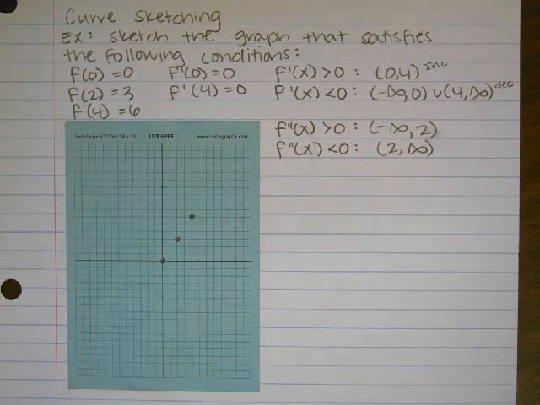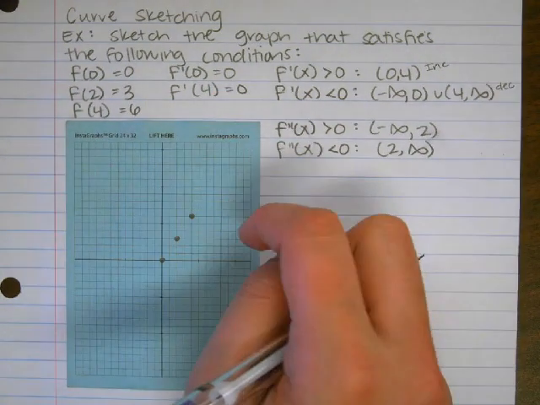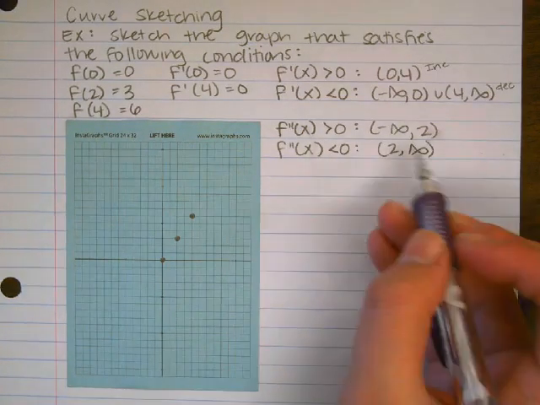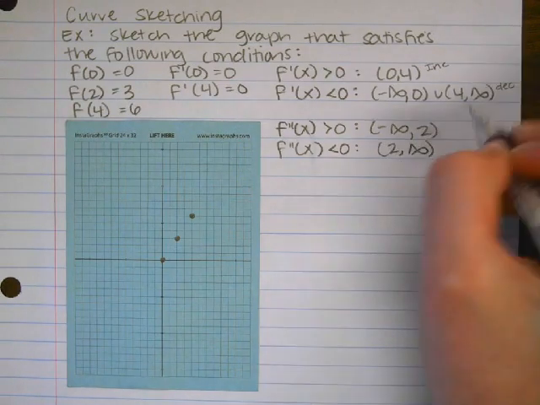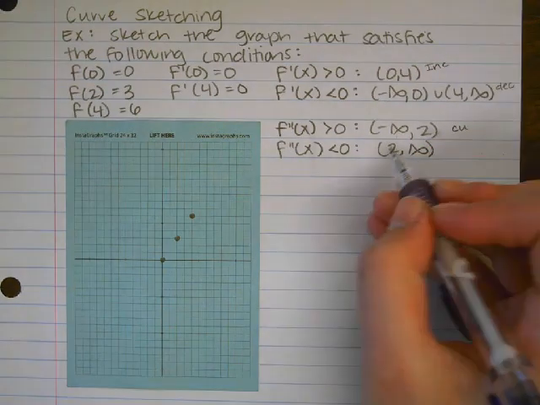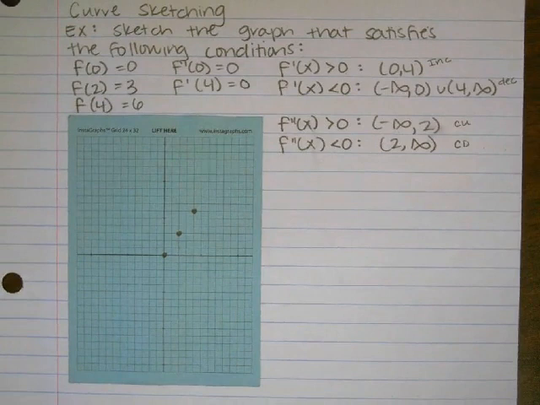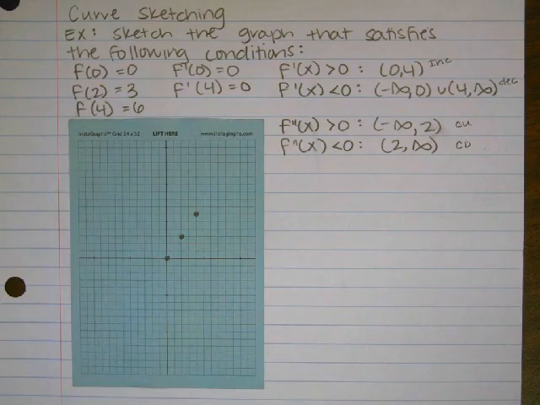They tell us that at 0 and 4 we have a slope of 0, and so that means that those are our maximums and minimums. And then it tells us from negative infinity to 2 we are concave up, and from 2 to infinity we are concave down.